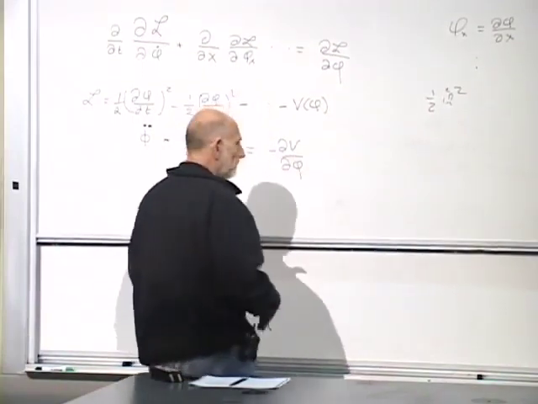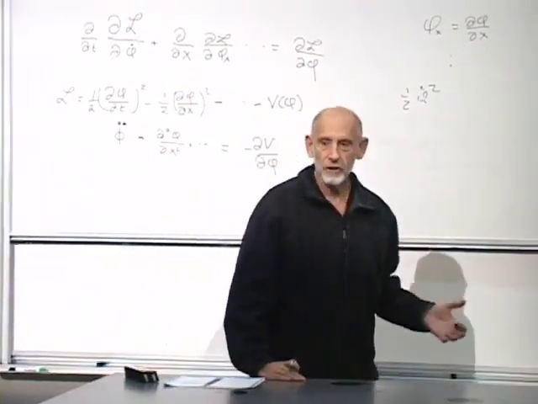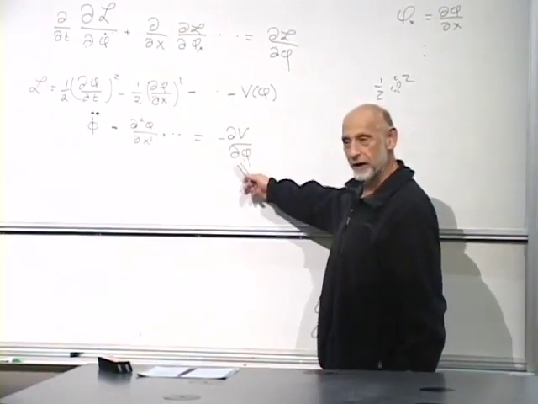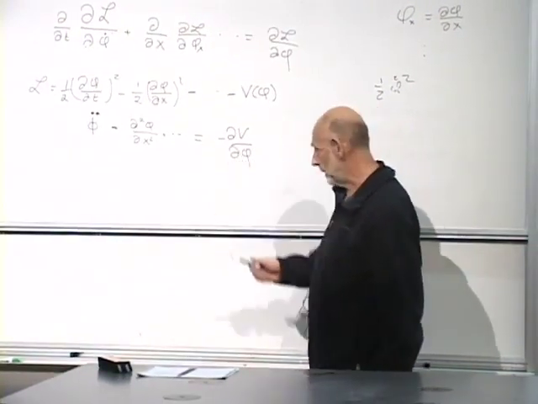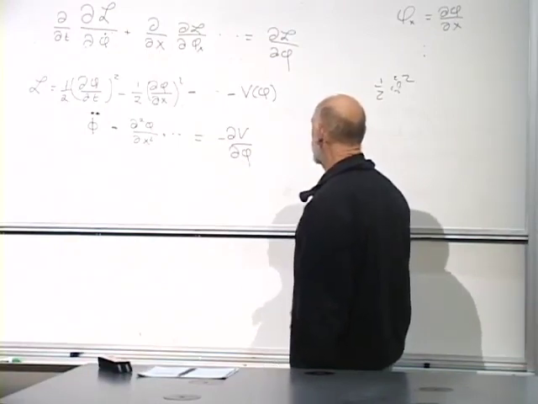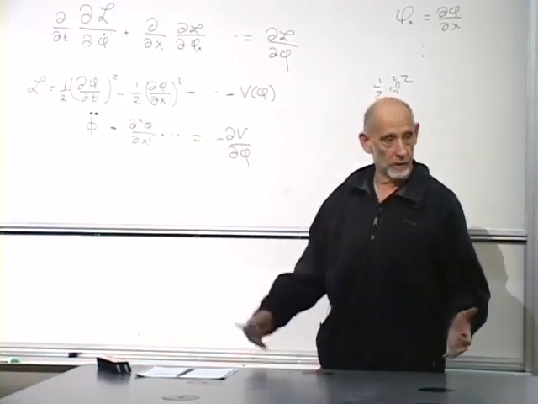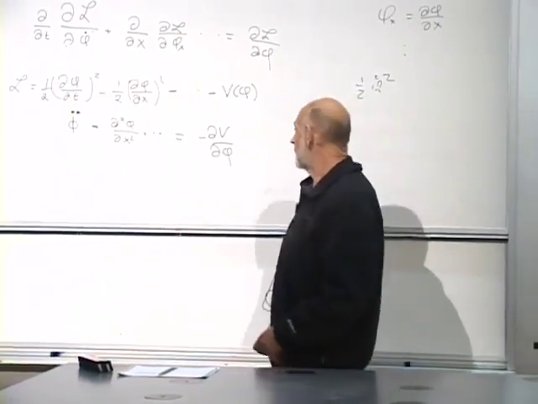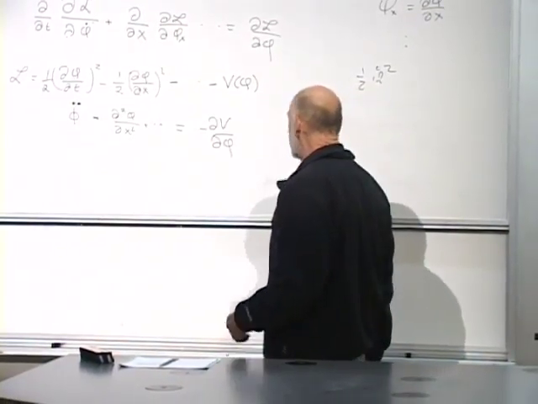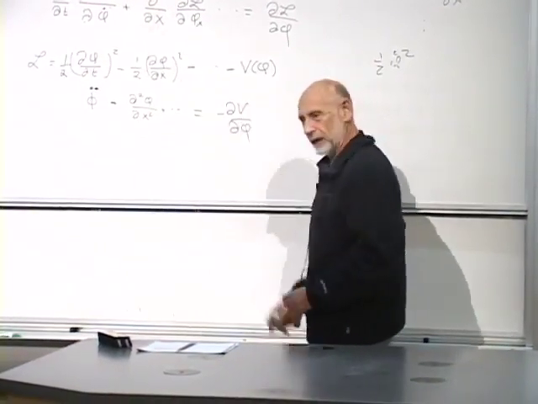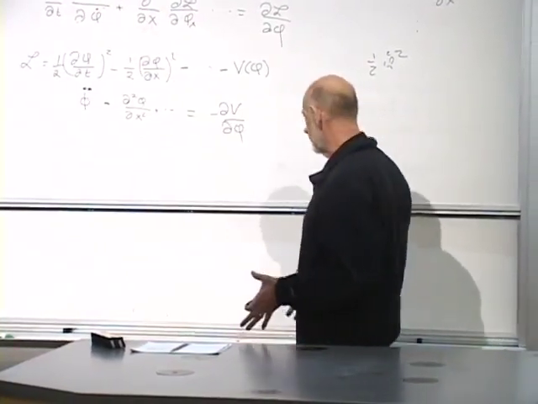Some examples of V of phi. The simplest example of V of phi would be a constant, but then it would have no derivative with respect to phi, and it wouldn't even contribute here. Not interesting. We could have something linear in phi. That's all right. But incidentally, V of phi is field energy.